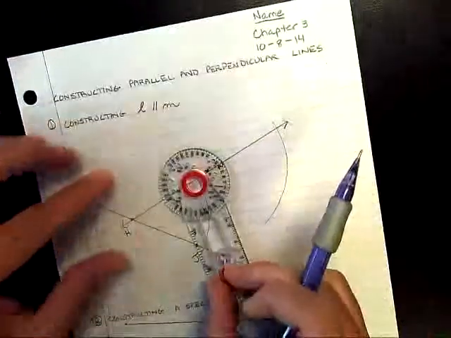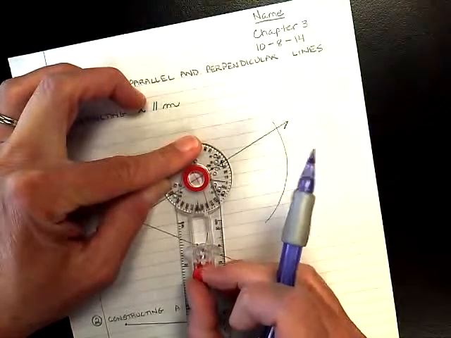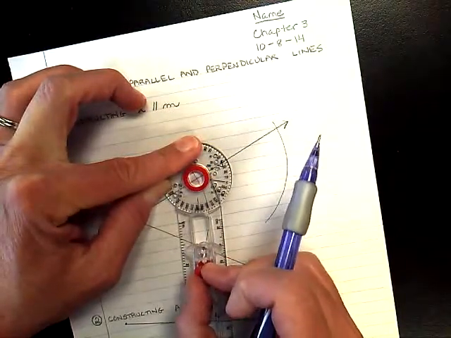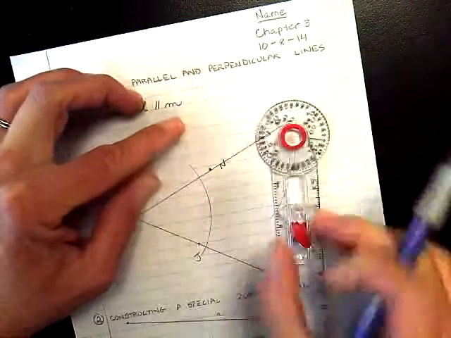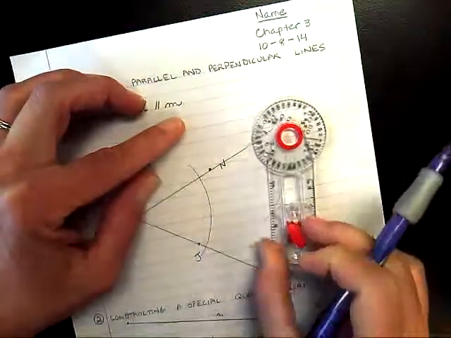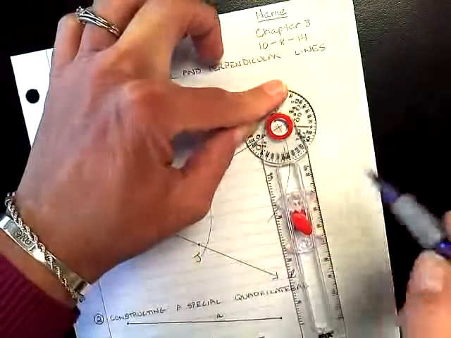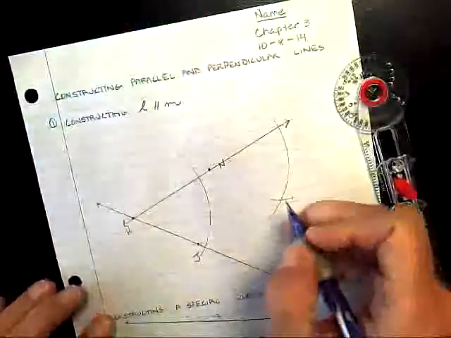We are going to come back to the arc we drew and match that with the compass. We're not measuring anything today, we're only using a compass and a straight edge. So I'm going to match the distance from here to here on this other arc that I drew up here by swinging through with my compass and creating a little point right here.